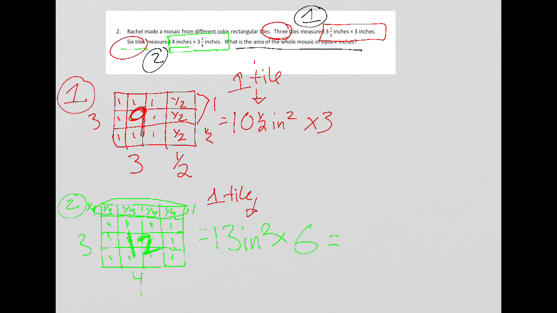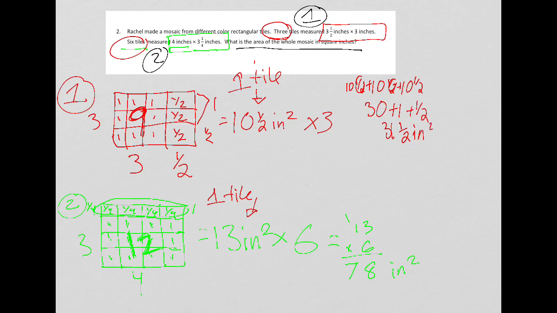I'm going to do the whole number one first because that seems easiest. 13 times 6 gives me 78 square inches for the type 2 tiles. And for the type 1 tiles, 10 1/2 inches by 3. You can use the same multiplication strategies here. I'm going to use repeated addition because I know it's going to be 10.5 plus 10.5 plus 10.5, which is going to be 30. That equals 1 plus 1/2, so that's 31.5 square inches.